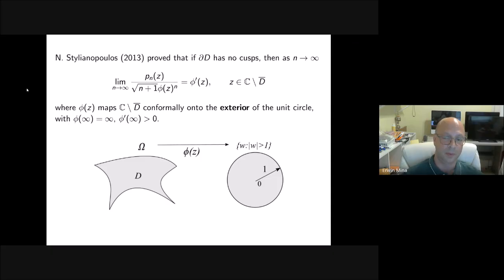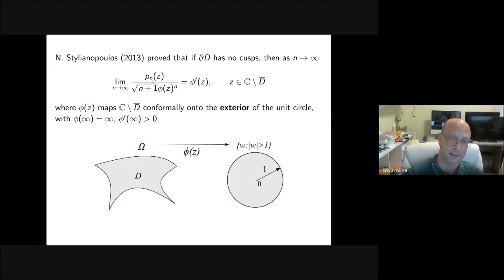So what was known in this context? The main result before our work is a result by Stylianopoulos from 2013, where he proved that if the boundary of the domain D has no cusps, where a cusp means that either the interior angle or the exterior angle, one of the two, is 0, then you have what is called a strong type of asymptotic formula.